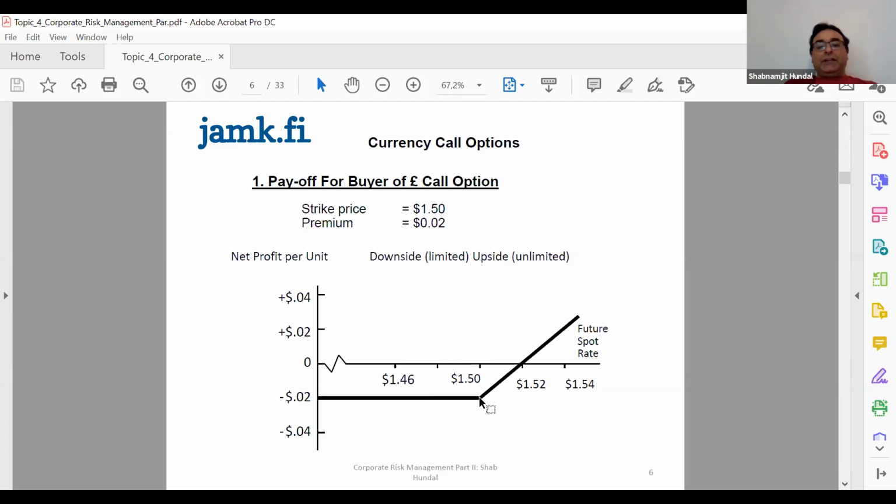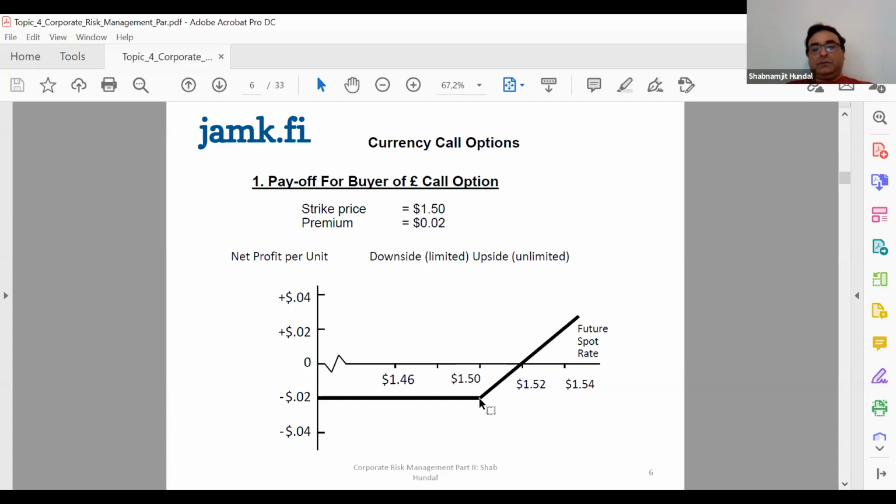When the point is just below the strike price, 1.50 in this case, then option is called ATM, at the money. At the money means you exercise or you don't exercise, it makes no difference because you would lose the premium anyways.